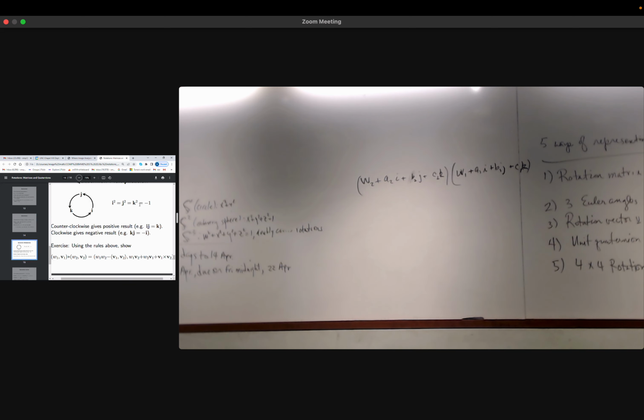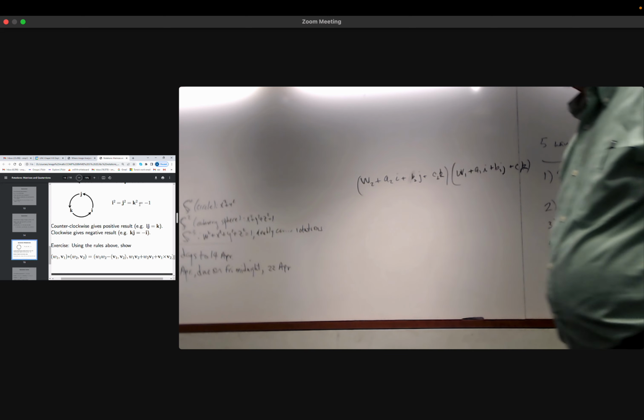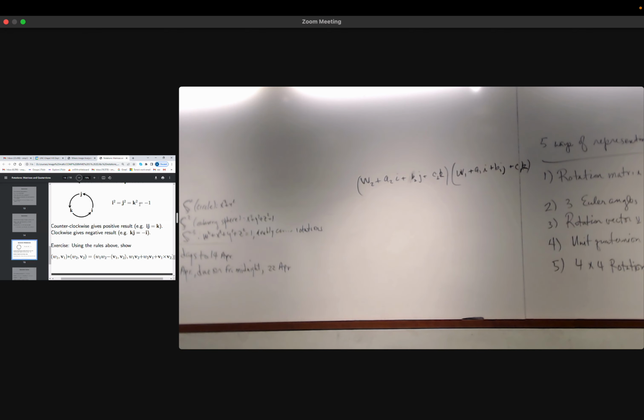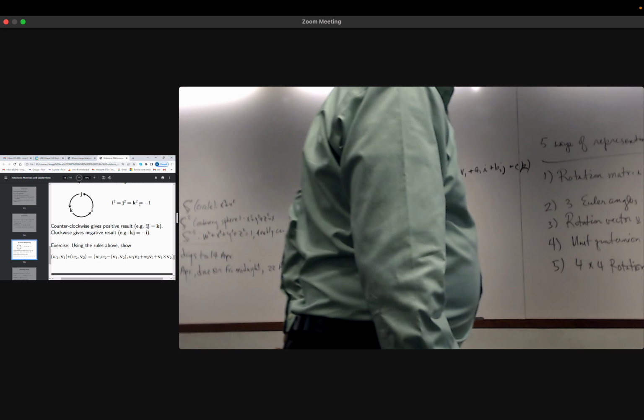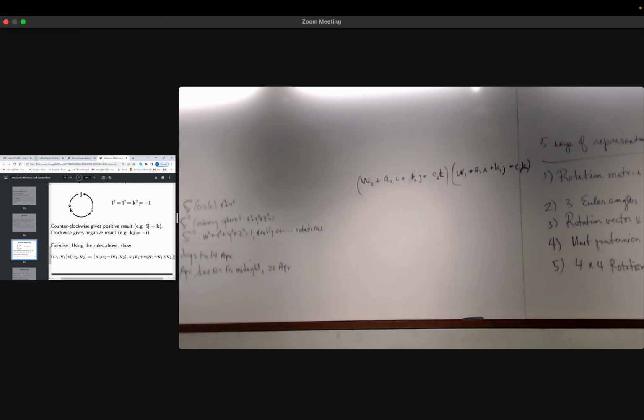And here are the rules. First of all, as promised, i squared and j squared and k squared are all -1, just like imaginary constants. But i times j or i times k, and so on, go by the following rules.